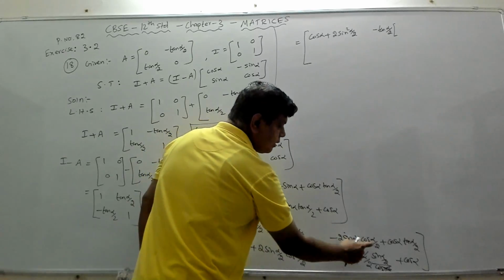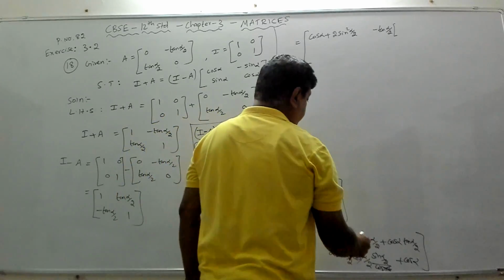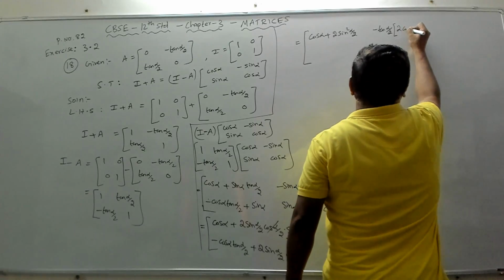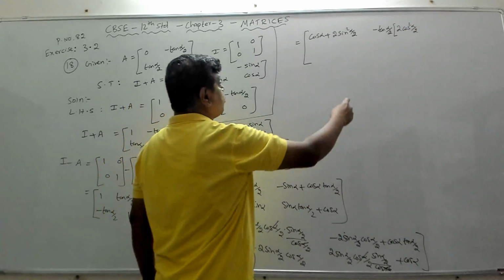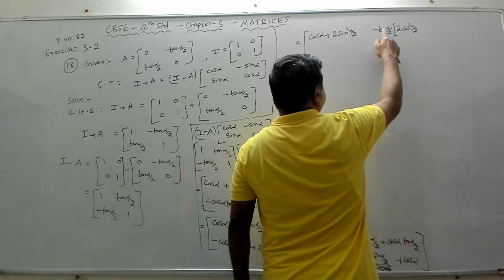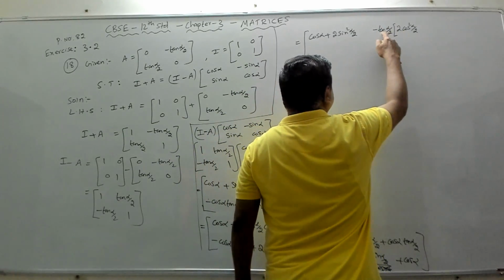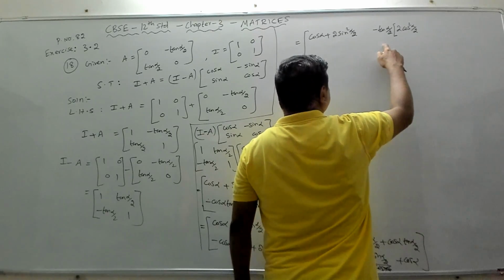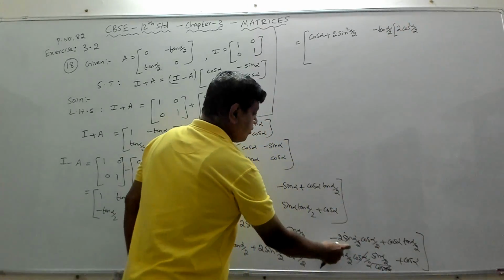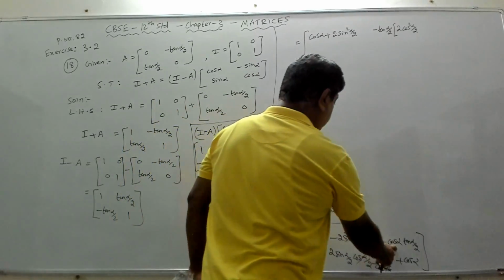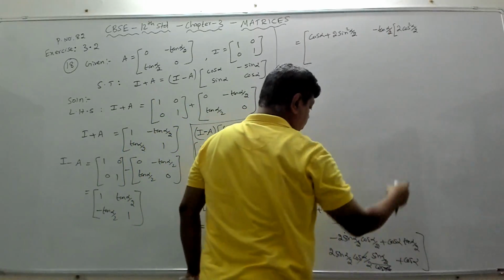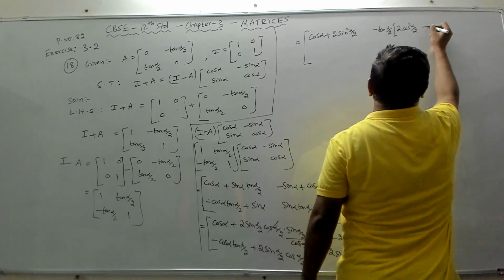So we have to multiply this with cos alpha by 2, so this will become 2 cos square alpha by 2. If you multiply both, sin alpha by 2 divided by cos alpha by 2 with this, you get this part. Then here we have taken minus tan alpha by 2 common, so this will become minus cos alpha.